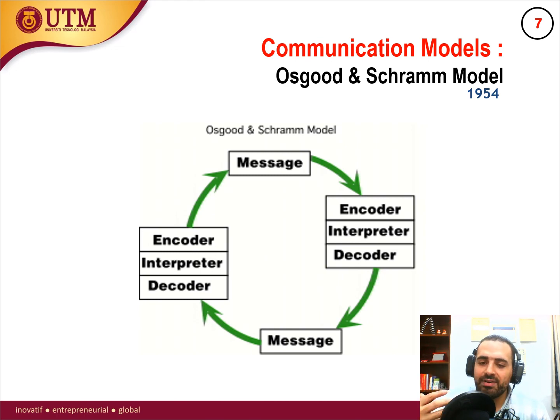So we have the receiver, the sender, the message, and the receiver, and then the message goes around and around. Goes around means the feedback of the receiver to the sender as well. So it's pretty much the same process of communication between Osgood and Shannon.